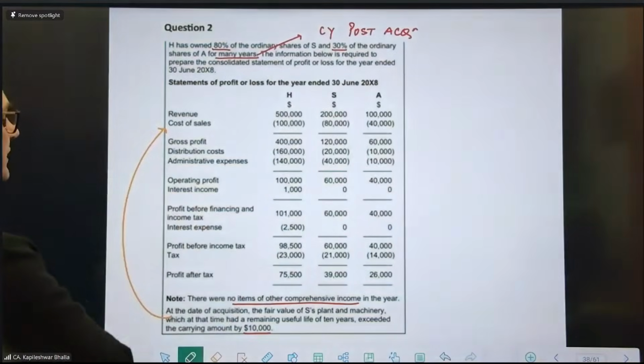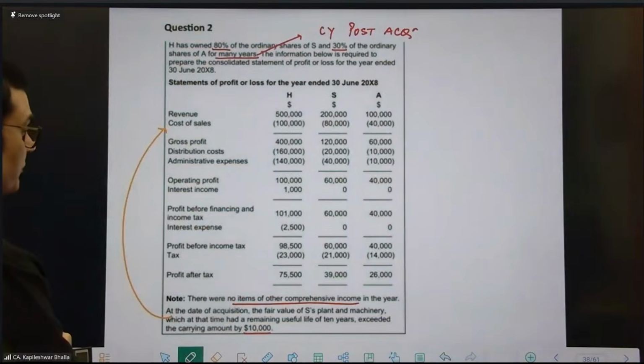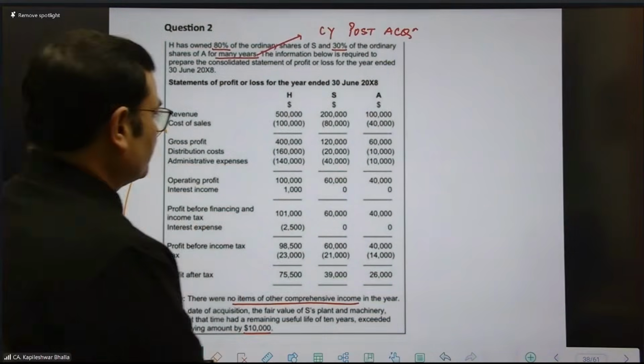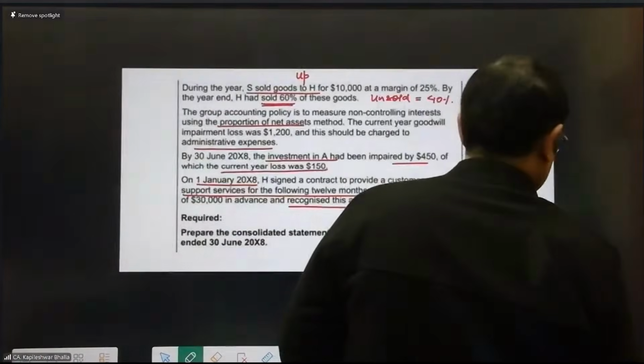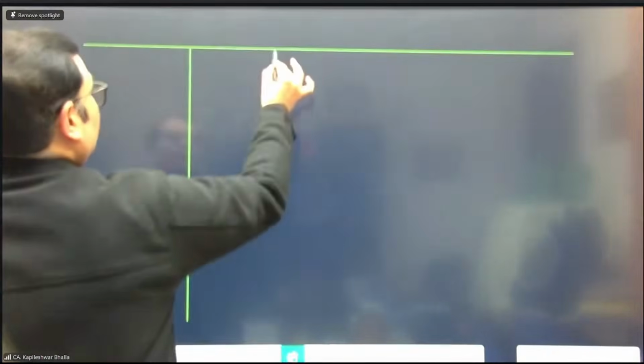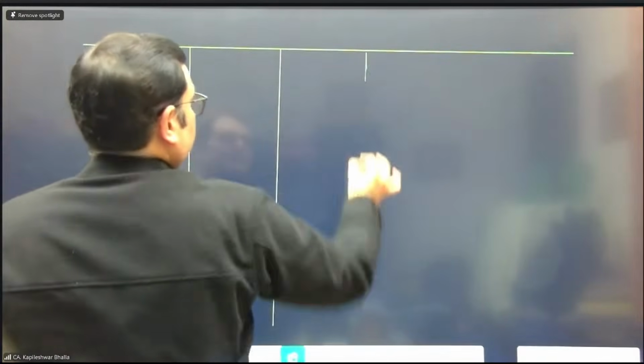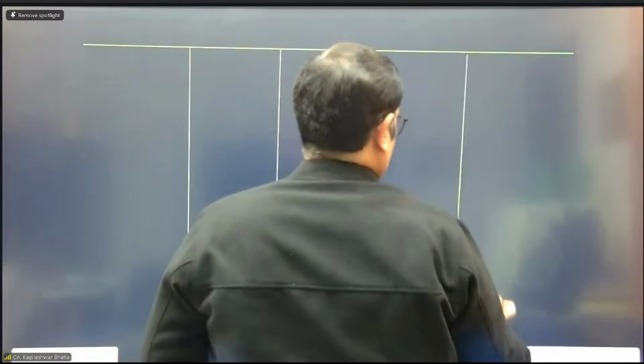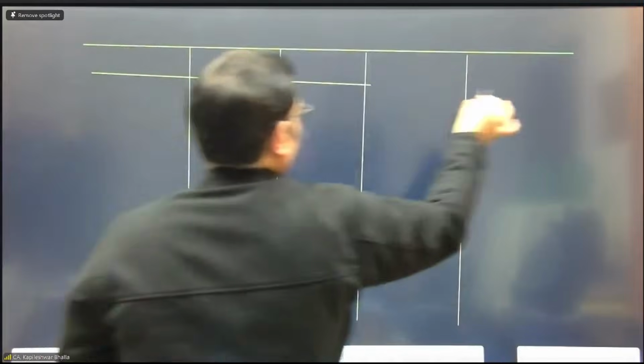Then there is an interest income, and I don't think there are any adjustments on the interest income as well. So let's continue with this format. Let's make an extended version: one column for the parent, subsidiary, adjustments, and the total.